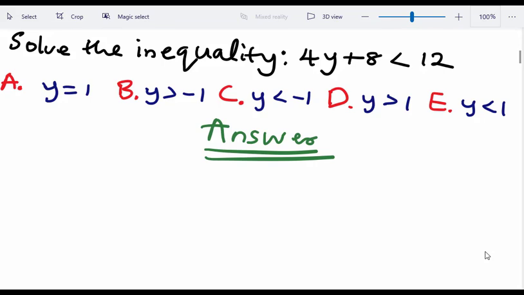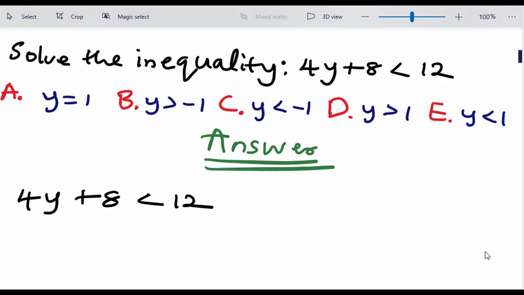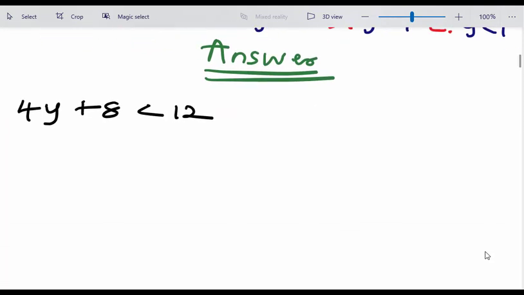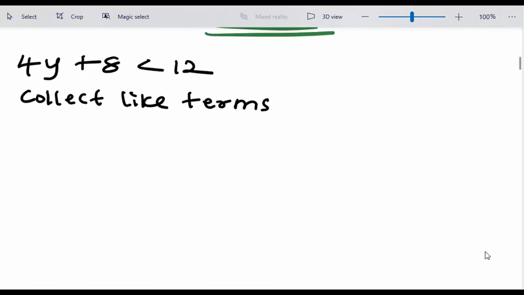The question says, solve the inequality. So let us drop the inequality down. We'll have 4y plus 8 less than 12. So as expected, let's come here and collect like terms. I'm giving you guys more examples to make sure you will not have excuses to give.